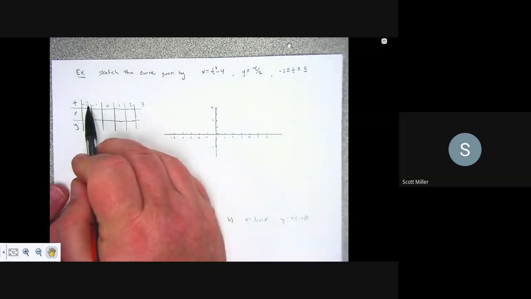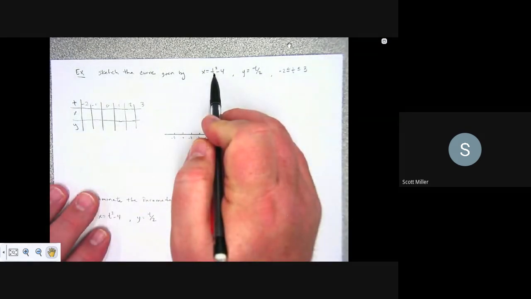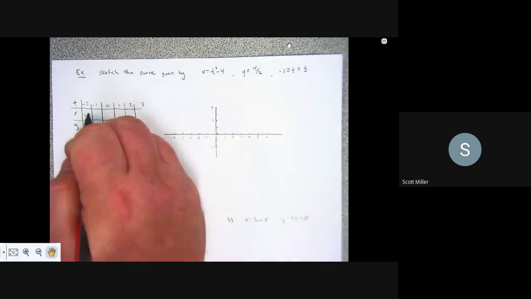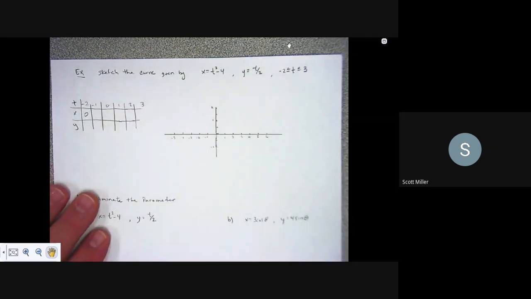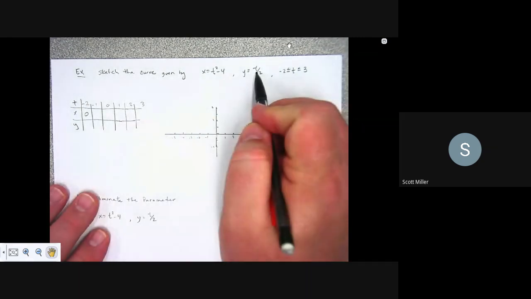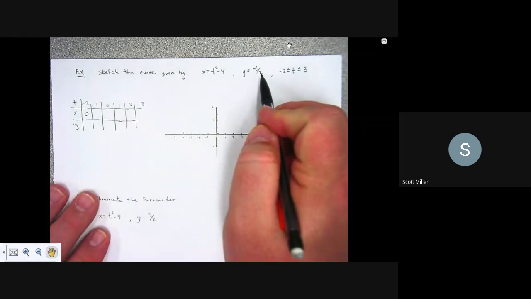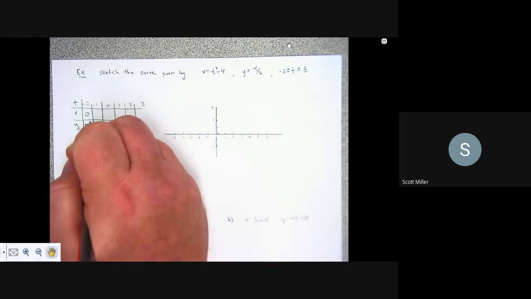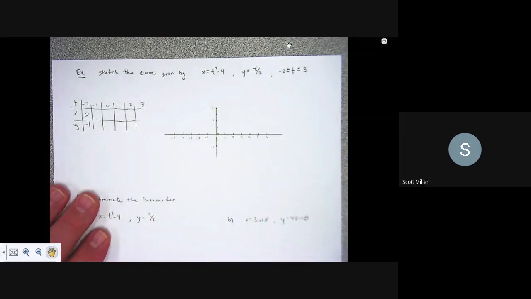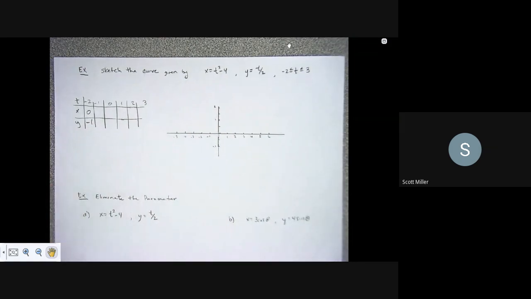You take -2, you plug it in here. -2 squared is 4. 4 minus 4 is 0. So when t is -2, x is 0. Take -2 and plug it into here. I get -2 divided by 2, which is -1, which means y is -1. And we just continue this process all the way down until we have all of our values.